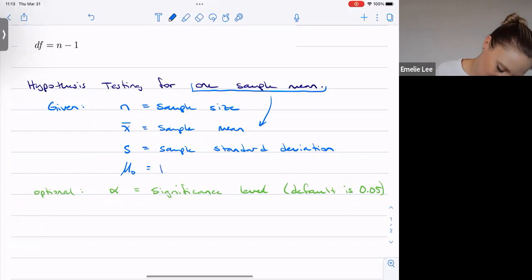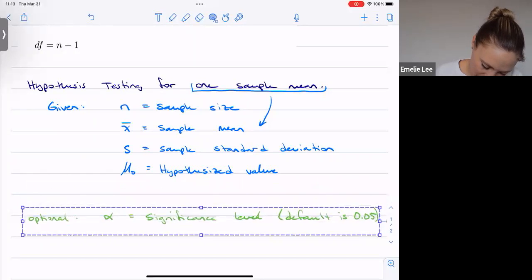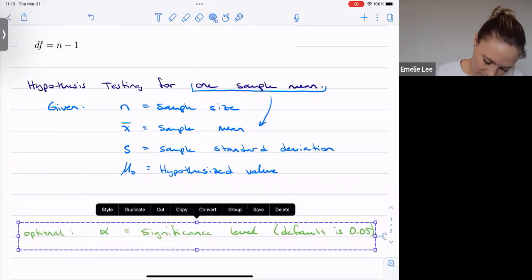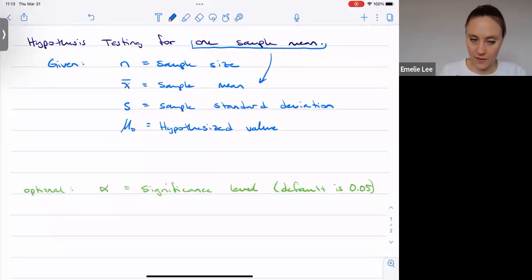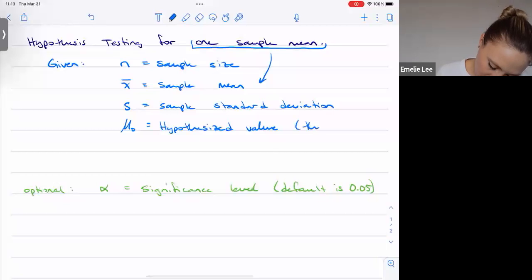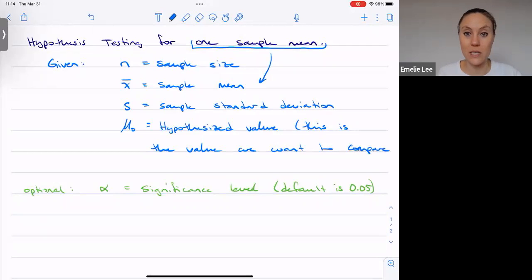All right, so this is the hypothesized value. And this is the value we want to compare our sample mean to.